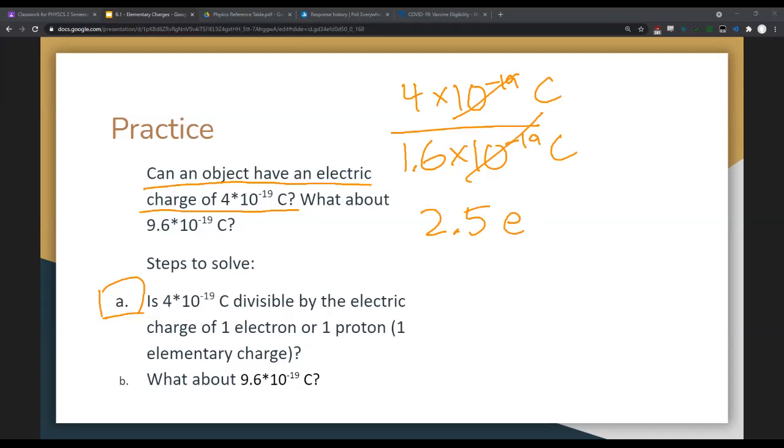So is this possible? Can we have an electric charge of 4 times 10 to the -19? Also, any object can be charged, by the way. So when we say an object that has an electric charge, it could be anything. It could be your pen, your phone, your mouse, your bottle.